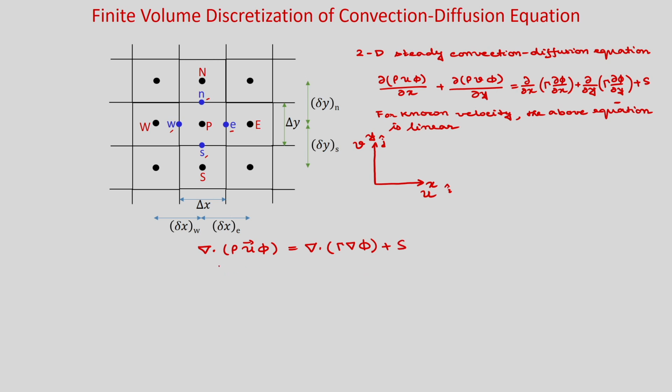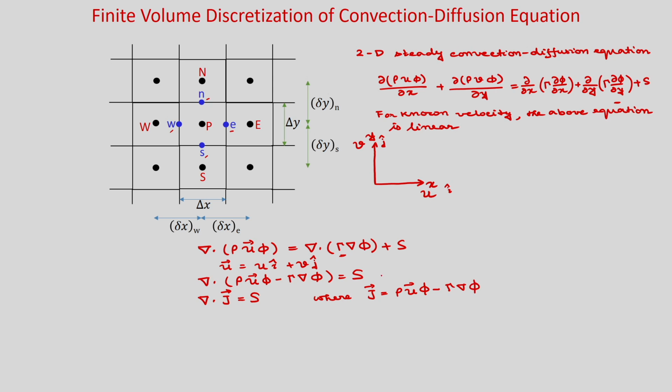You can see that u is obviously your velocity vector. Now we can write divergence of rho u phi, and this diffusion term you bring to the left hand side. So, what you will get? Divergence of rho u phi minus gamma grad phi is equal to S. Now we will introduce the flux vector, so divergence of J is equal to S, where J is the flux vector, rho u phi minus gamma grad phi.